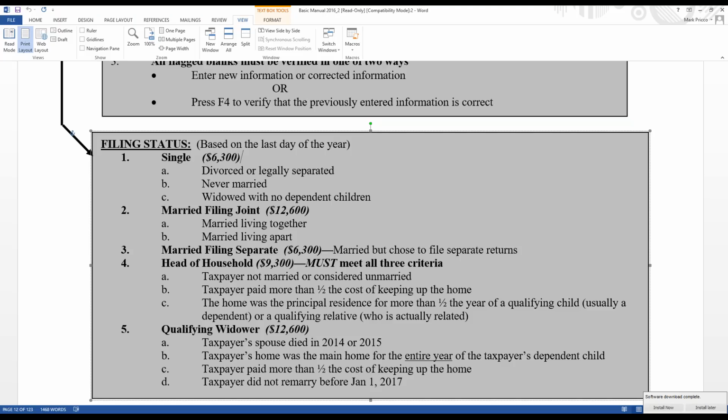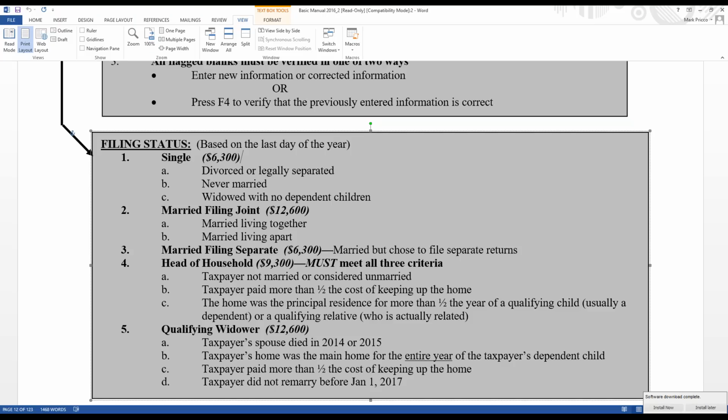Or in our case, we see that sometimes one spouse, typically the husband, might owe money for back taxes or child support, and so when they file a joint return and they get a refund, the IRS would take their whole refund to pay the debt of that spouse, the husband. So the wife might say, I don't want my refund taken. I'm going to file separately, and that way at least I'll get my portion of it.